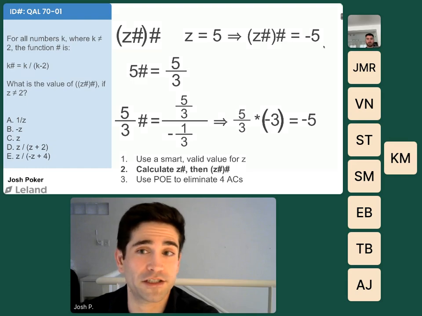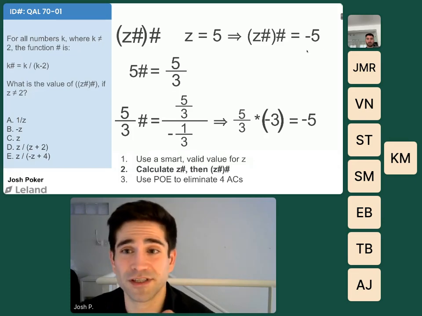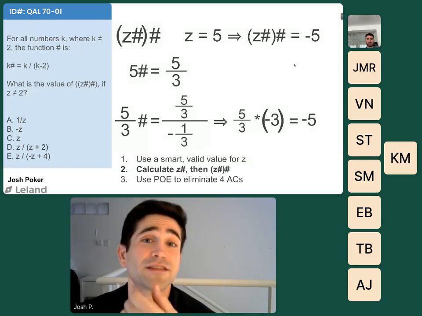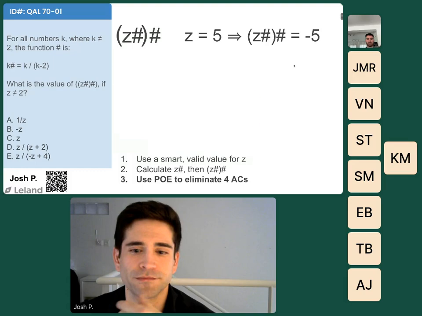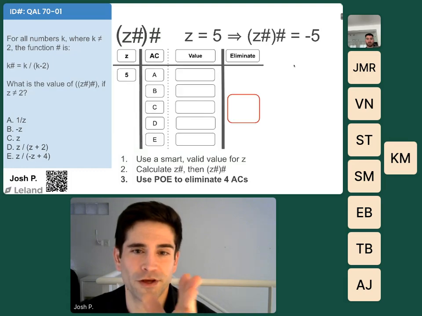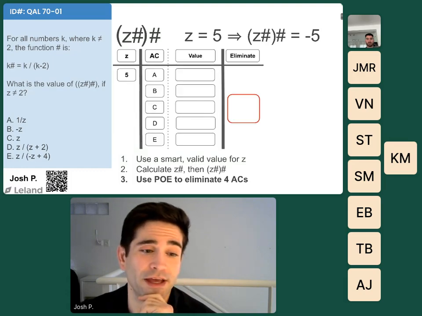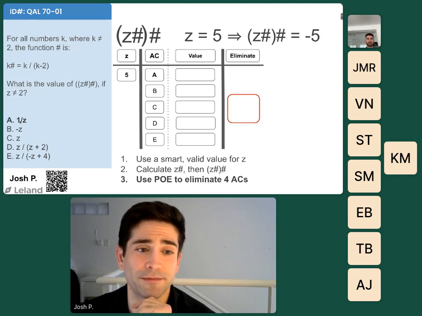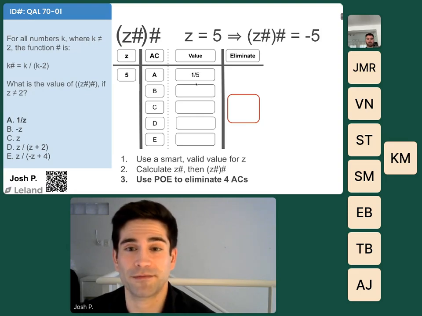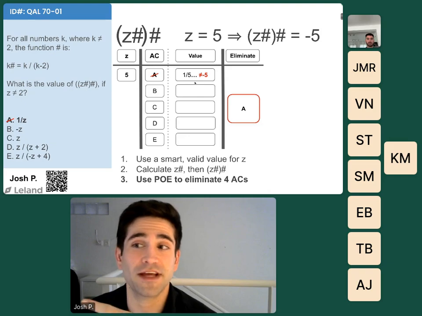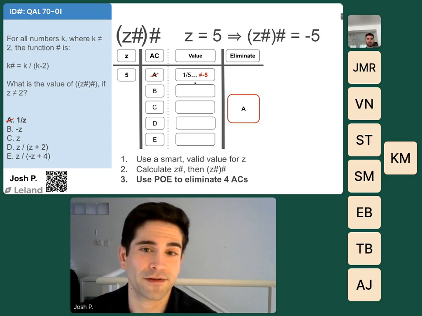Okay, Josh, now what do we do? Well, we're going to put this into the answer choices. We're going to test them out. So when z equals 5, A, which is 1 over z, becomes 1/5. Now 1/5 is not equal to minus 5.